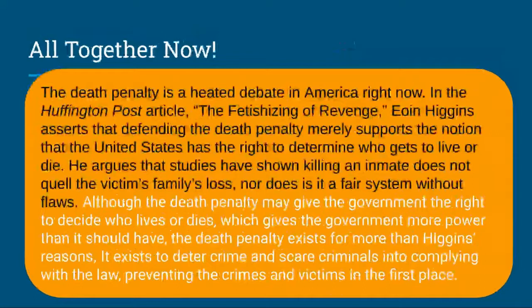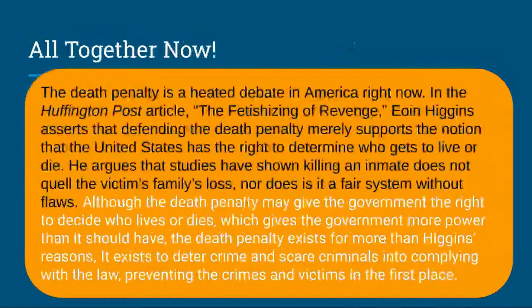It says, although the death penalty may give the government the right to decide who lives or dies, which gives the government more power than it should have. The fact that they say it gives more power than it should have means that this student writer does kind of throw a bone to the other author, like, hey, I do agree with Eoin Higgins on that point. The government should not have that right necessarily. That gives them more power than they should have. That is an argument, and in that sense, they are agreeing.